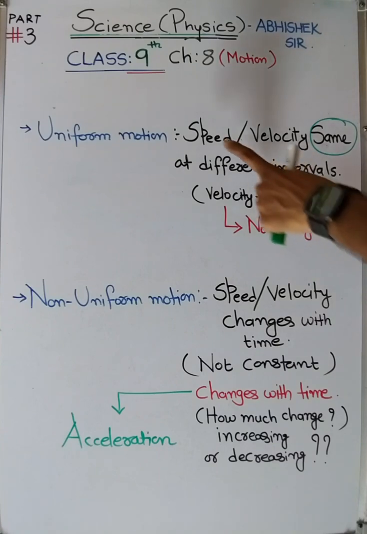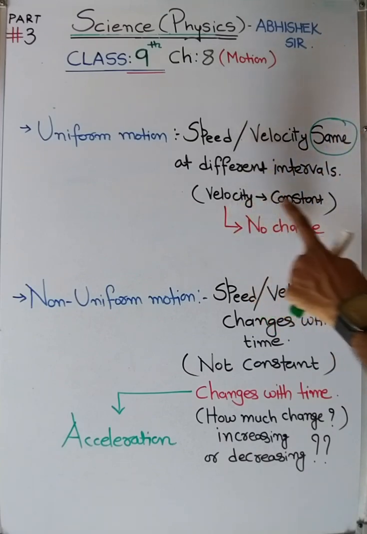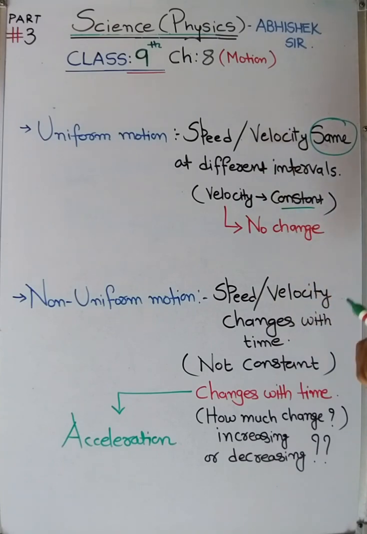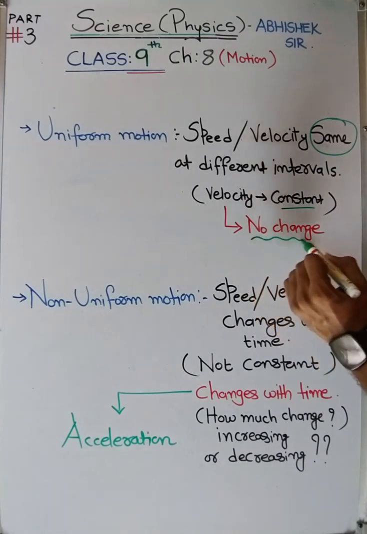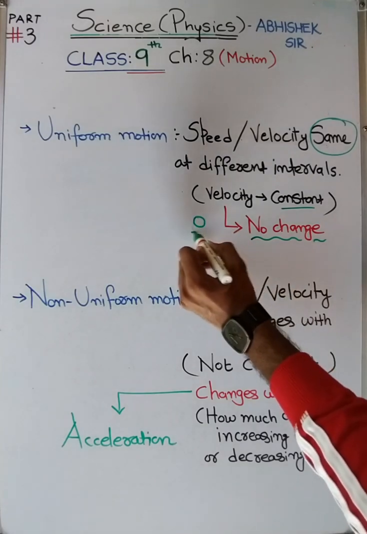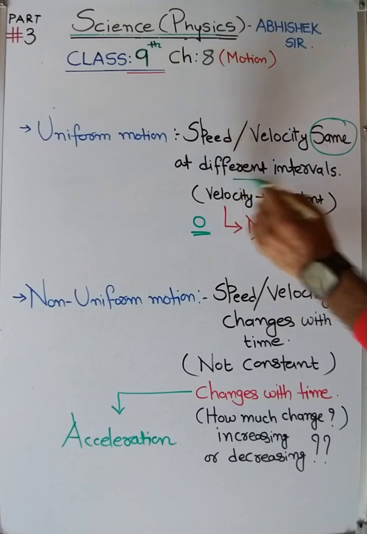So we can say that speed and velocity are the same at different intervals. That means velocity or speed remains constant, and whenever anything is constant, there is no change. So the change is 0. Clear? Change in what? Change in velocity at different intervals.